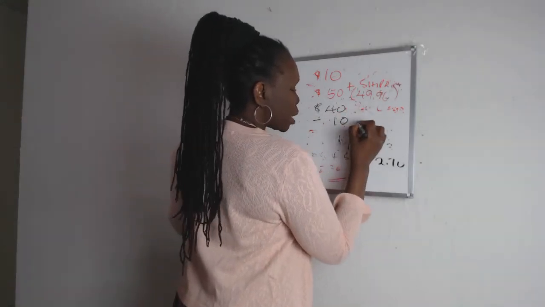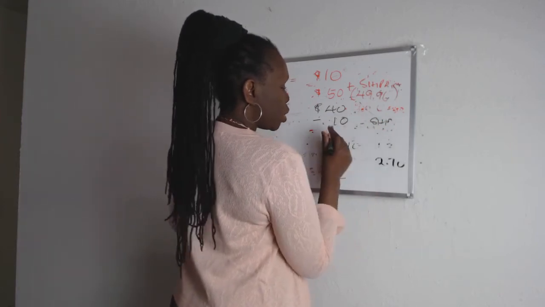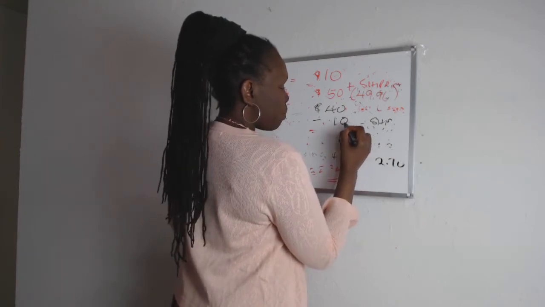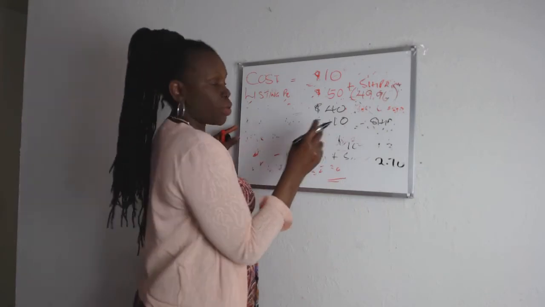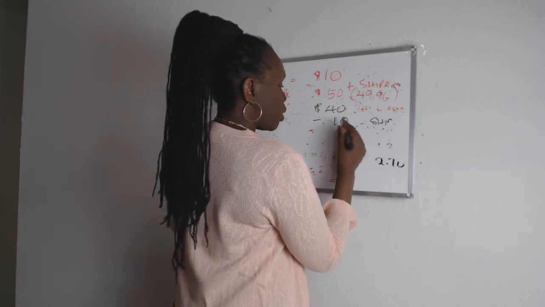I have to subtract the $10 shipping charge that goes to the label, to the United States Postal Service. This can be less, because if you print your shipping label on the eBay website, we have a little discount. This is just to work out the figures.